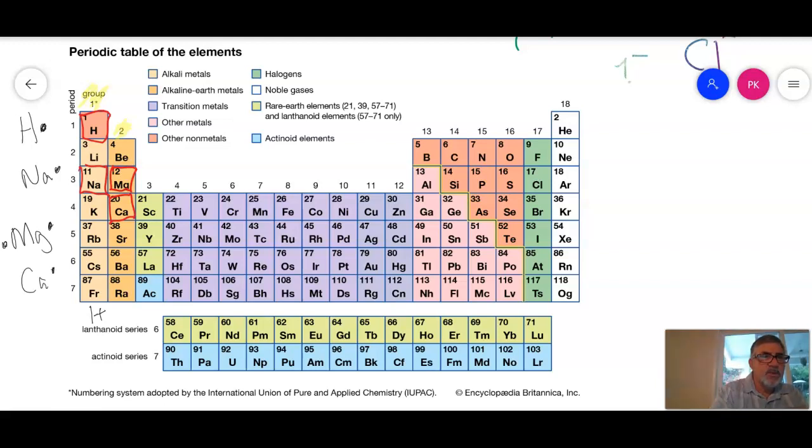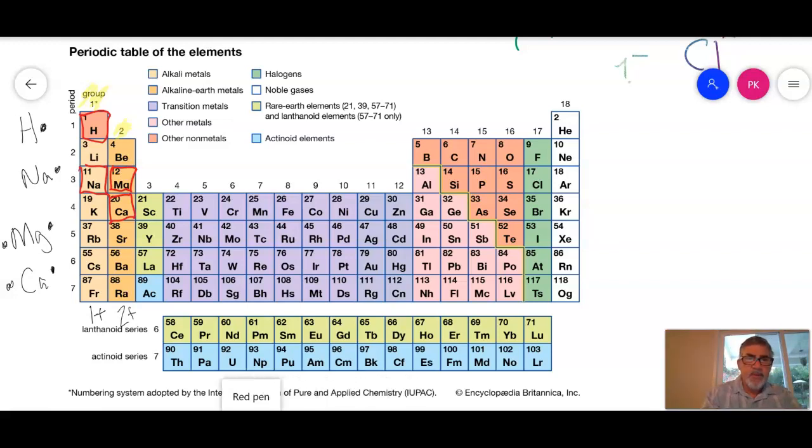These dots represent the valence electrons. The reason I put them far apart is because electrons repel each other, so they want to be as far away from each other as possible. These will both lose both their electrons, and they'll make a 2 positive charge because they're in group 2.